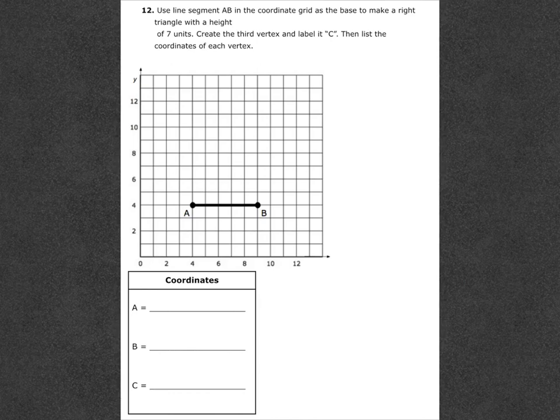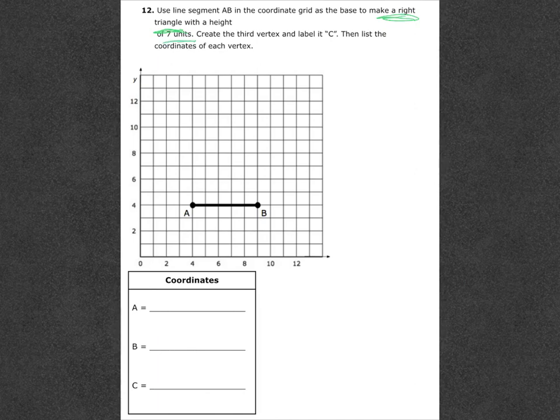So for this problem, the things you need to know are that you are making a right triangle, right? So that's critical. Right triangle, and your height is 7 units.